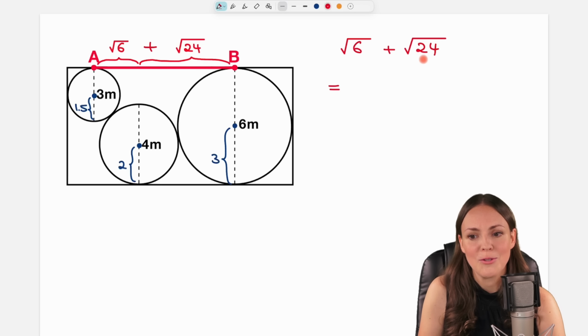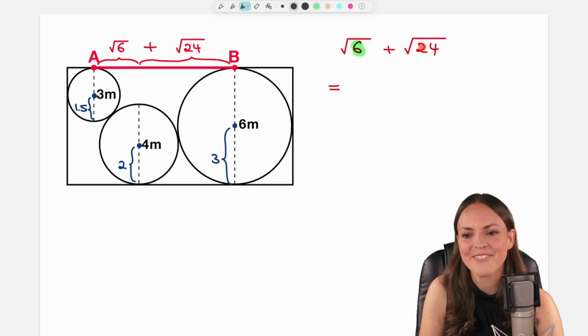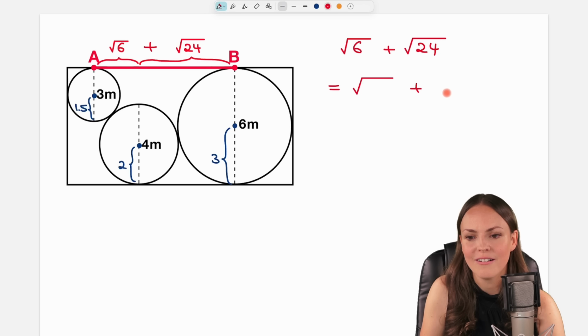So let's add these two square roots. Is that possible? Not yet, actually, because we have different numbers here in our square root. We first have to see if there are any similarities between these numbers here.